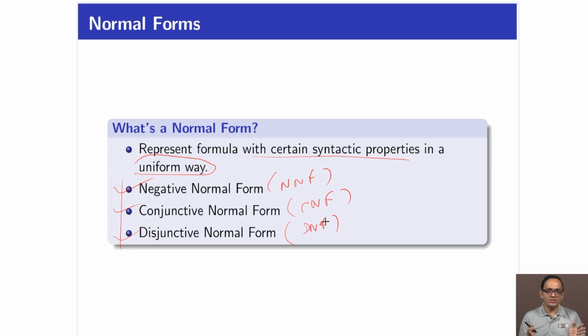So in general, we will start with NNF, and then we will see the subclasses CNF and DNF. And then we will also discuss how you convert an arbitrary formula into CNF or DNF, and also, if your formula is in CNF or DNF, how you check the satisfiability. Okay. So those are the things we will learn in today's class.